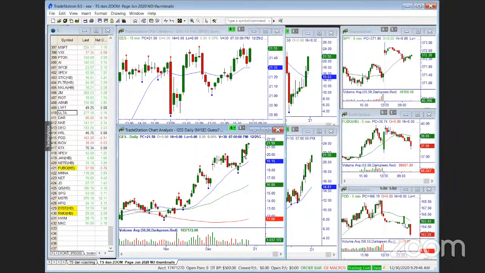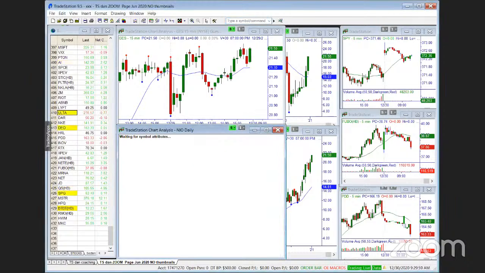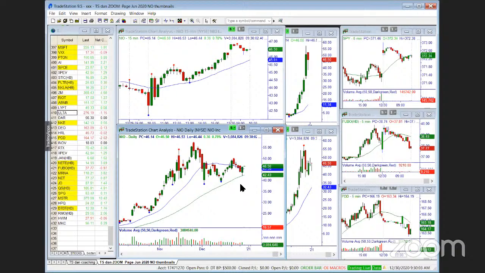We bought the 123 2 days ago, and that looks great. Thomas asking about Neo. It came down here, making a higher low at the 50, a nice reversal. It's worth watching.